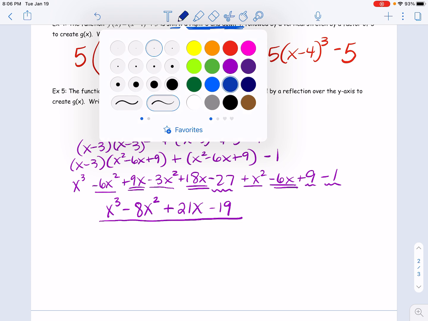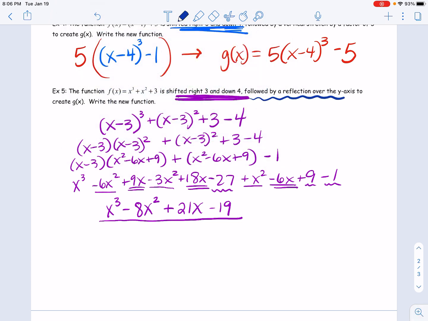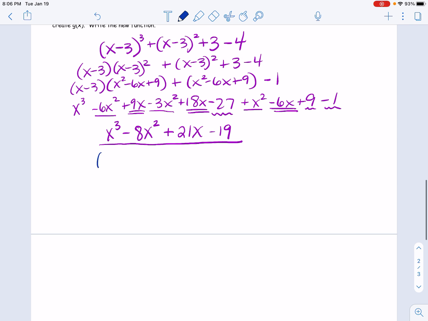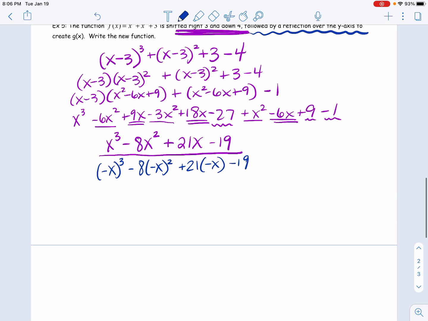But then it says you follow by a reflection over the y-axis. Well, how do we write a reflection over the y-axis? That's a horizontal flip. Anything that's horizontal goes inside the parentheses, which means that's where my x is. So if I replace every x with a negative x on the inside, that is my reflection over the y-axis.